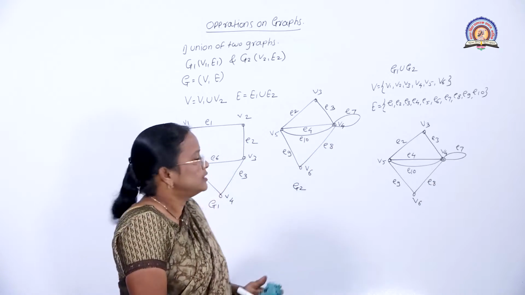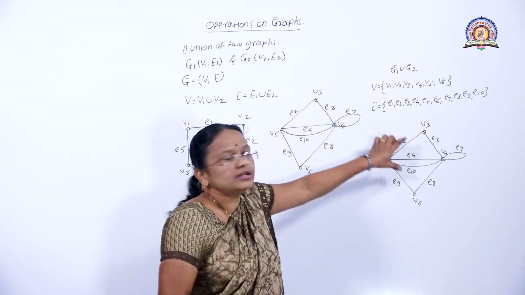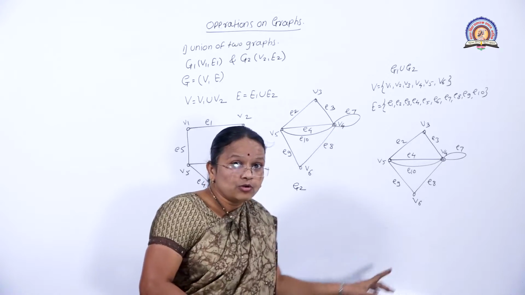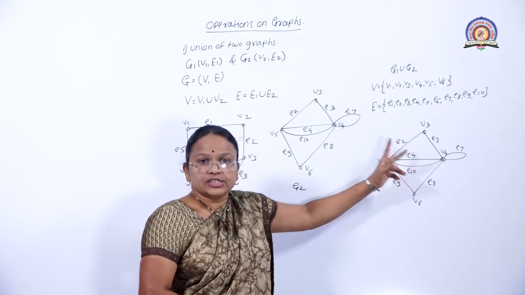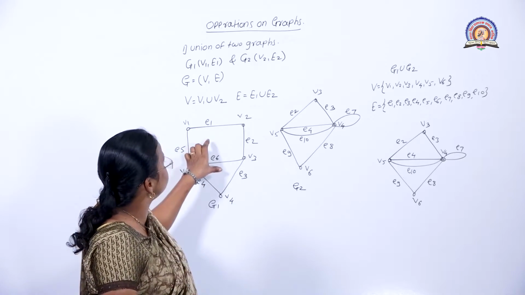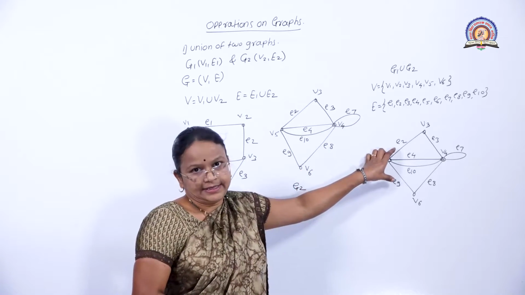Now, while drawing the union, we have to adjust the G1 graph here.